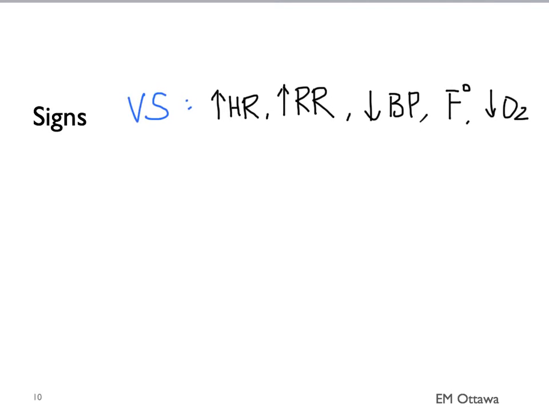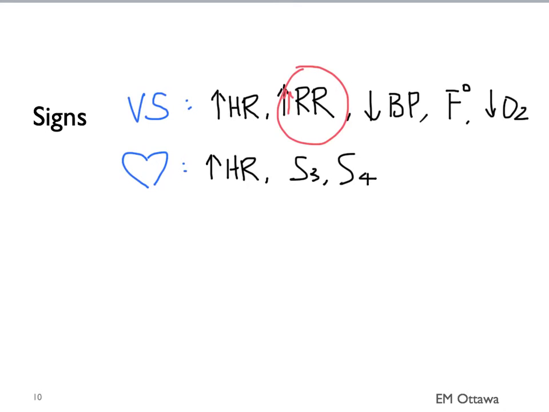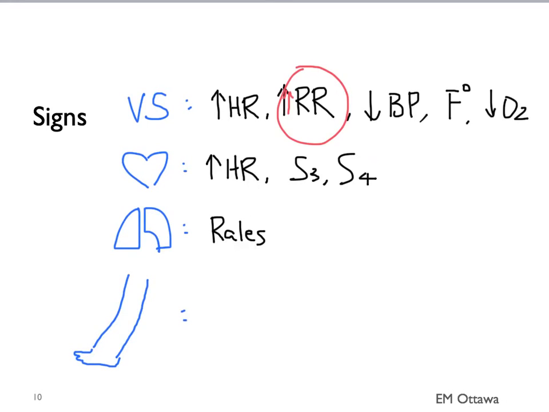Of these changes, tachypnea is most often seen. On the cardiac exam, you should again see tachycardia. You might appreciate an extra heart sound, such as S3 or S4. You might hear rales on the respiratory exam. You might see signs compatible with the DVT in the lower limb, such as swelling, redness, and warmth.